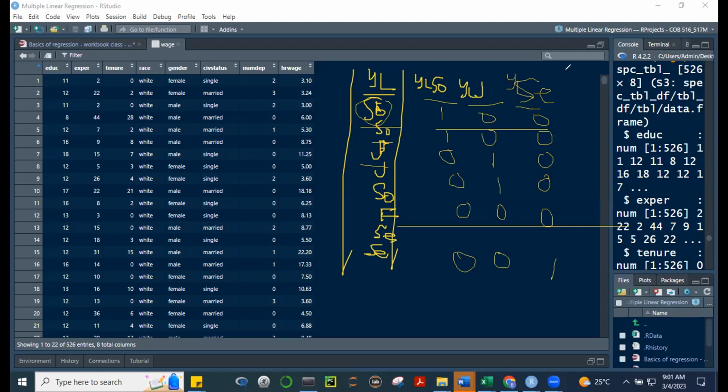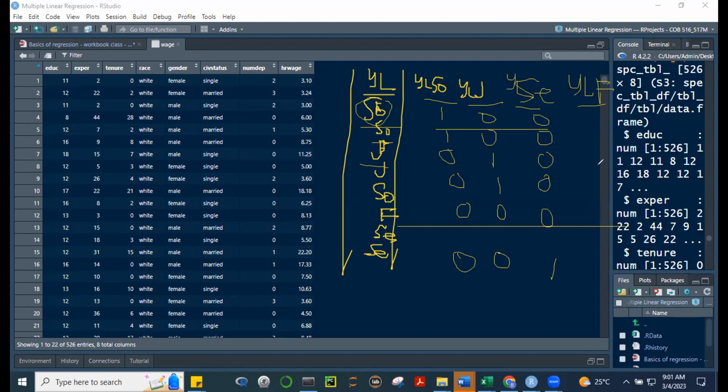Now, why not just include YL frosh, so that it becomes 0, 0, 0, 1? Why not just use 4 dummy variables so that frosh will have its own dummy variable here?